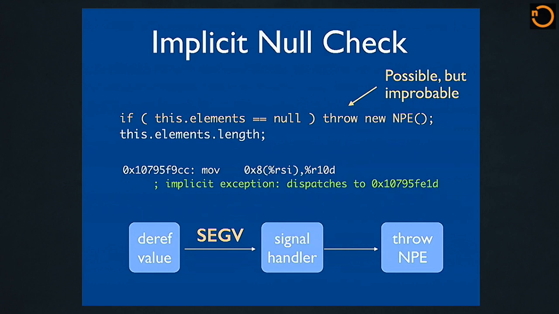Why are we making it work extra hard to do it? We'll just use the memory trapping operations to do it. As long as it's improbable, this isn't so bad. So you just dereference the value, your thread segfaults, you go to the signal handler, and the VM says, I meant throw a null pointer exception. This is how it works.